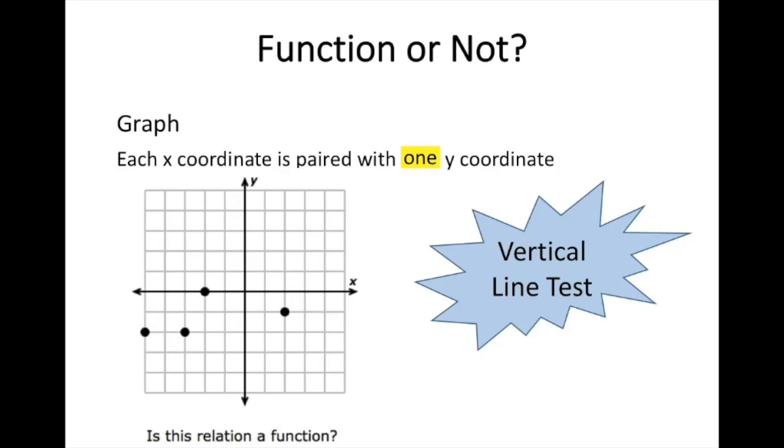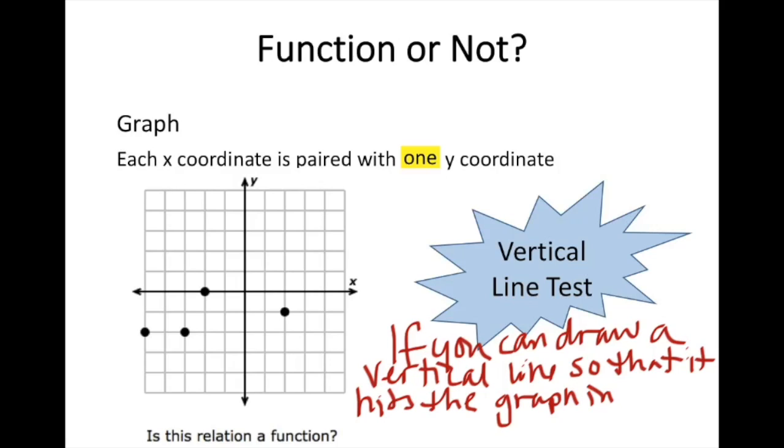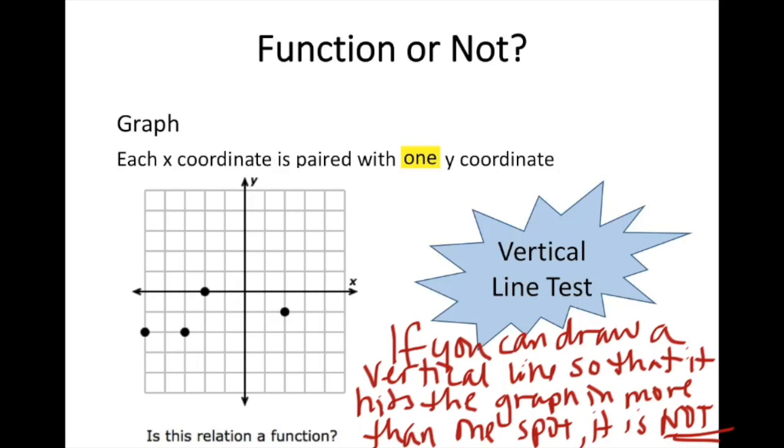For the vertical line test, the official definition says if you can draw a vertical line so that it hits the graph in more than one spot, it is not a function.